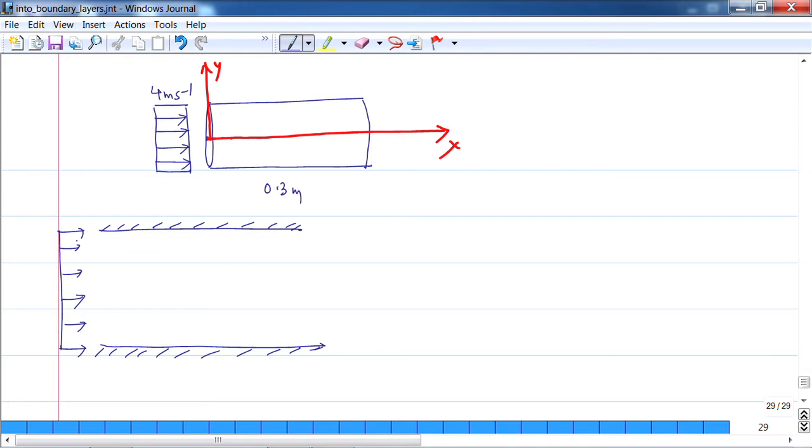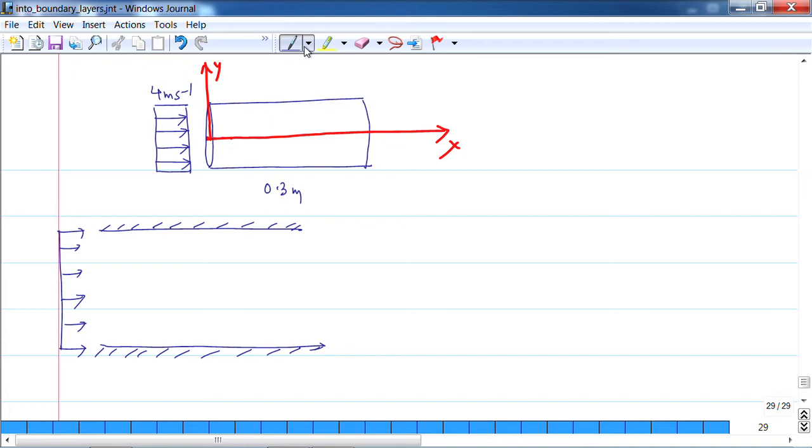In the normal case, what will happen is the free streams will just continue to go. However, that is not what seems to be happening.